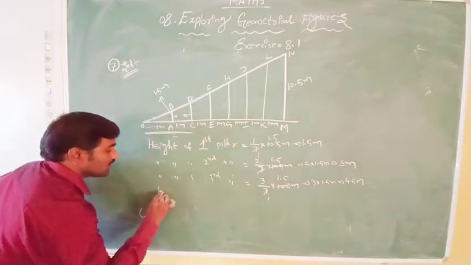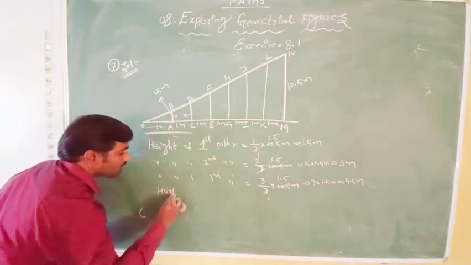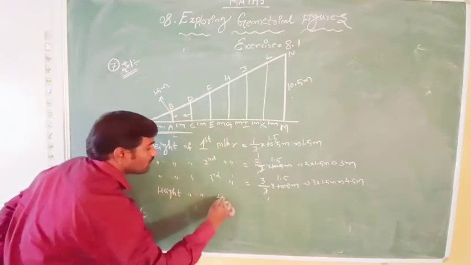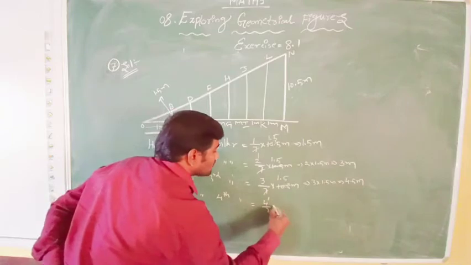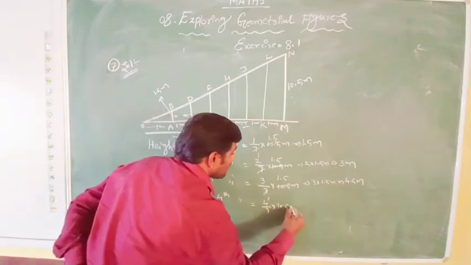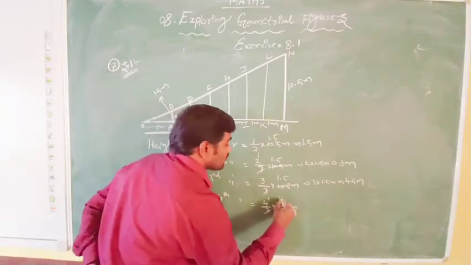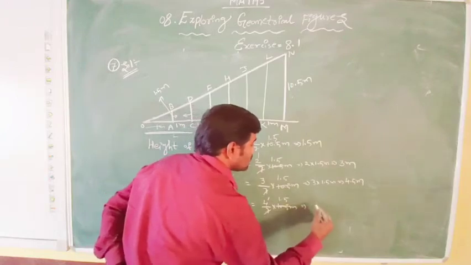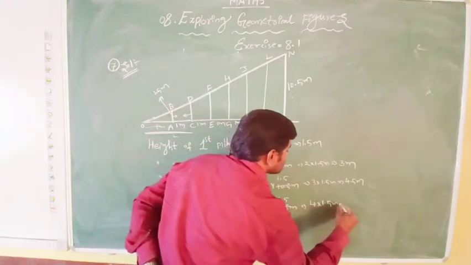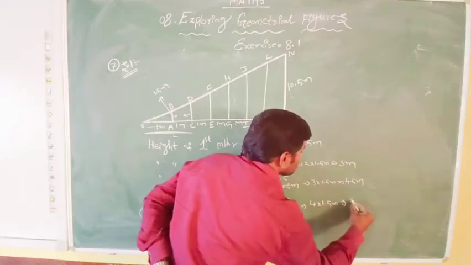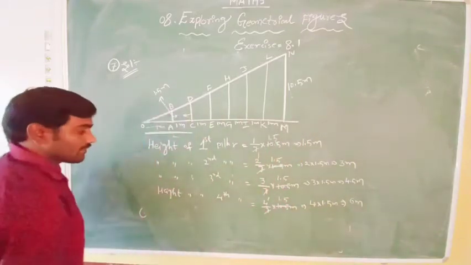Hence next, the height of the fourth pillar equals 4 by 7 into 10.5 meters. 7 ones are 7, 1.5 are, that equals 4 into 1.5 meters, that equals 6 meters.